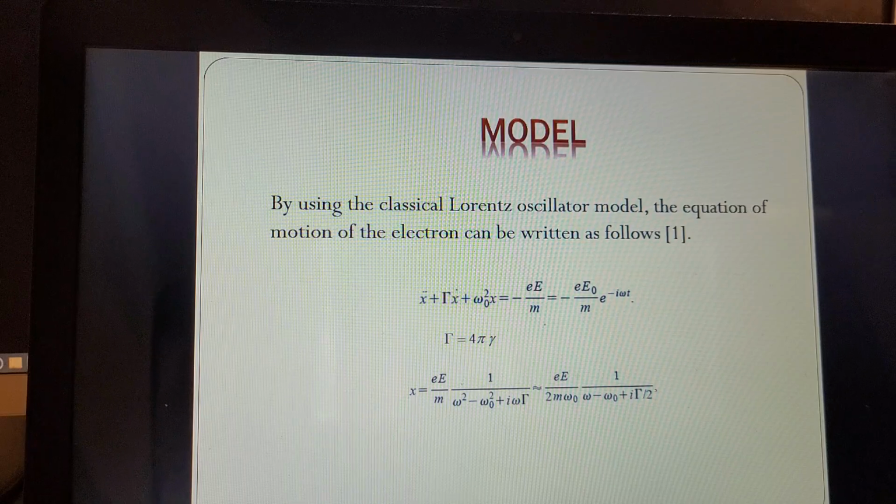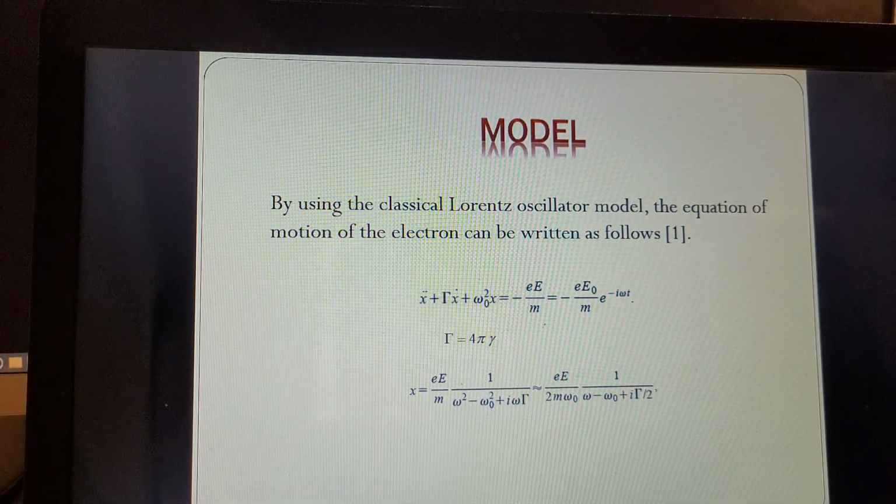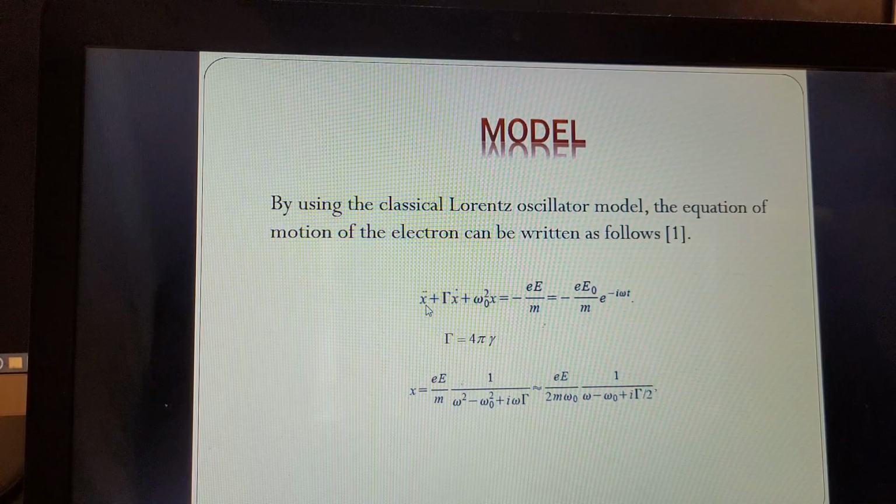By using the classical Lorentz oscillator model, we can model the equation of motion of the electron. You see that x double dot is the acceleration of the electrons.